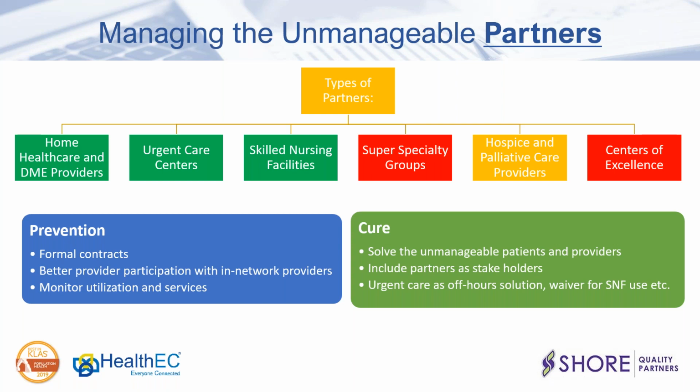But if you're in a Medicare shared savings program, you need to opt into the 3-day waiver. And once you do that, you have the ability of creating a narrow network. And that gives you the ability to have a conversation with the skilled nursing facilities, saying, listen, if we are going to use you predominantly, this is what we'd like you to do.